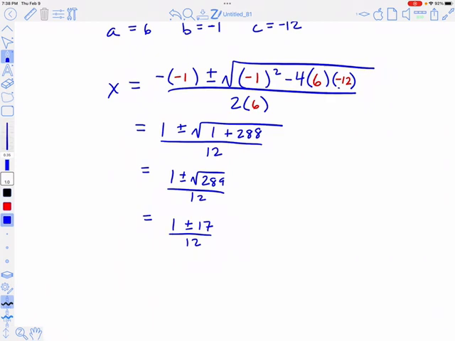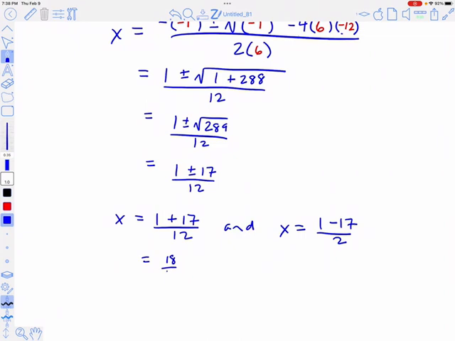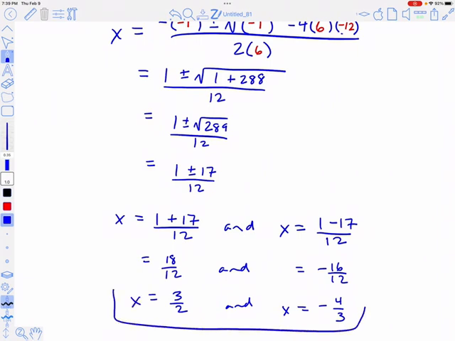We have 1 plus 17 divided by 12, and 1 minus 17 divided by 12. So we've got 18 over 12 and -16 over 12. And that's going to be 3 over 2 and -4 over 3. So x is 3 over 2 and -4 over 3. So we only have exact answers here. There would be no need to calculate this as a decimal.